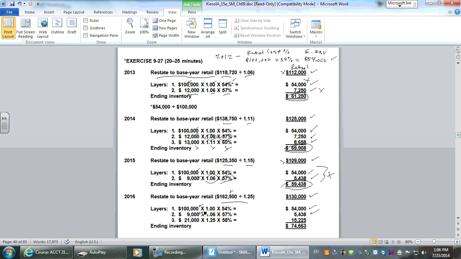That's 109,000 from the prior year, right? So how much more do you have to make up 130? That's 130 less 109, 21,000 more. Reinflate it to 1.25 and take it times the cost percentage for that year, and the last year was 58%, I guess. 15,225. Could you pull something like this off if I asked you to?